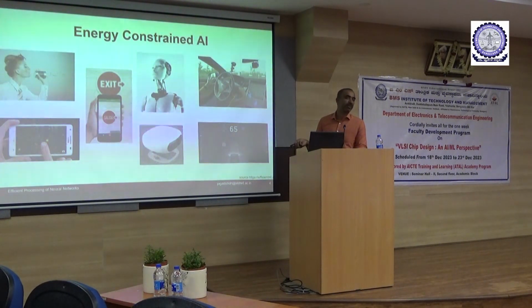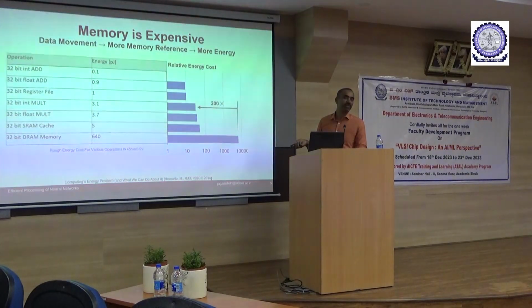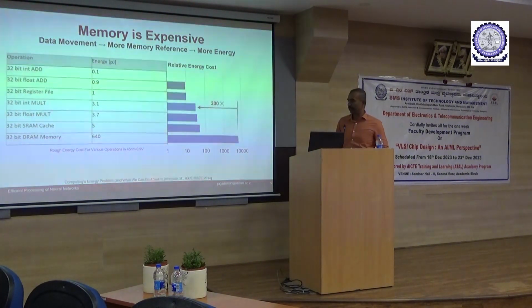So keep in mind that we have to address this challenge. We are supposed to optimize our neural network. And why can't we just say that it's only the storage? Storage actually generates a problem here. Just look at this. This is some statistics published, saying that somebody experimented at 45 nanometer, 0.9 volt, and observed these operations. There are two kinds of operation.